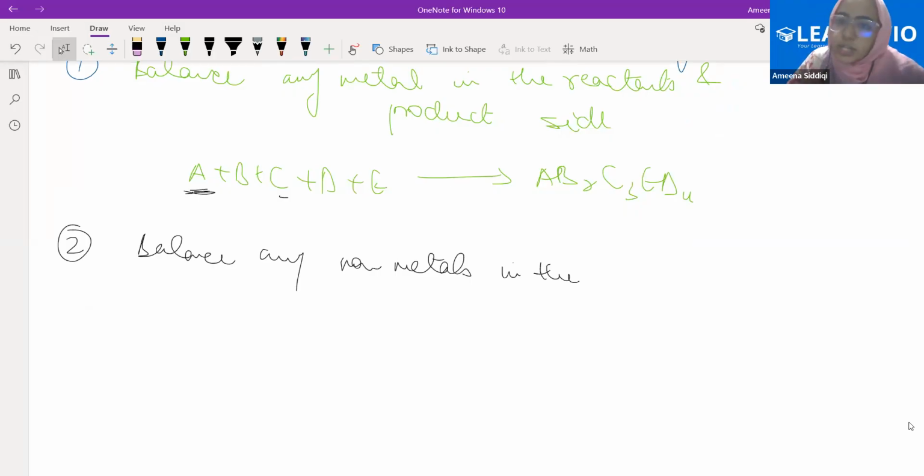And those elements which tend to lose electrons are referred to as metals, those with positive valencies. So here, balance any non-metals in the chemical equation on the reactants and the product side both.